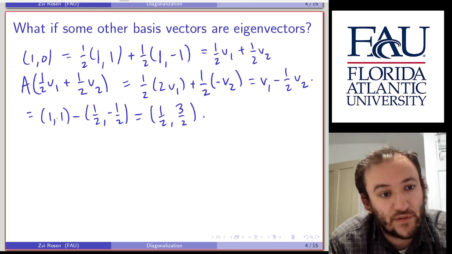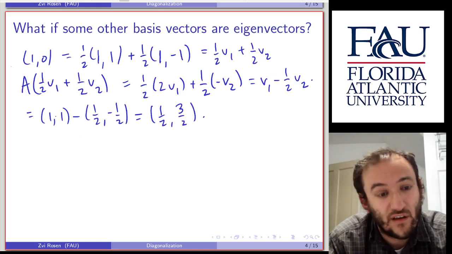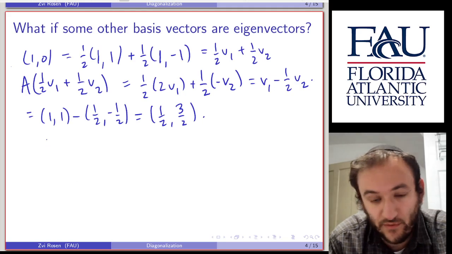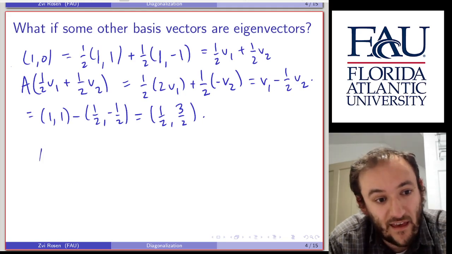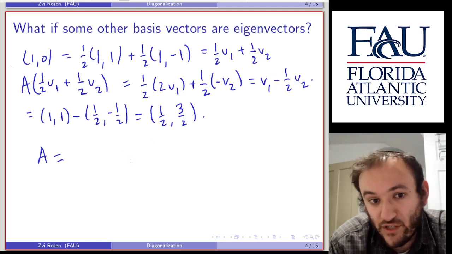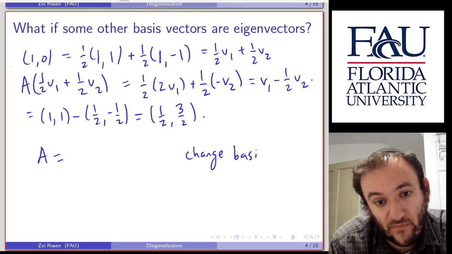Okay, so that's a way to get the value of A on this vector, but it involves translating into a different set of coordinates. So what we would really love to do is to phrase A as a combination of operations like: change basis to B prime.